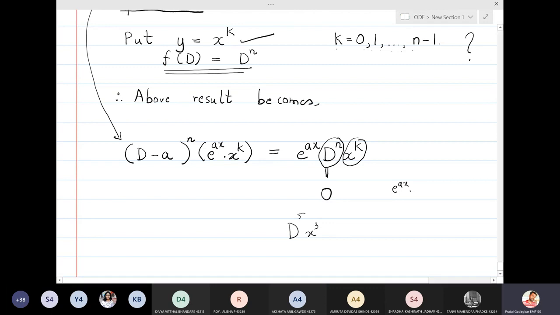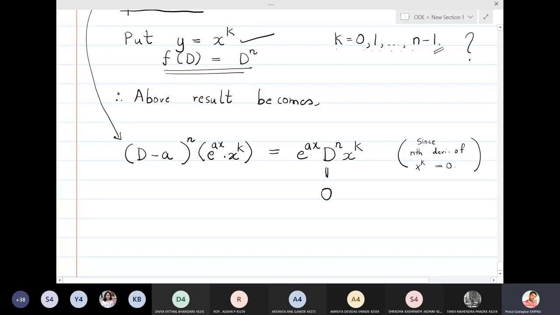So the higher derivative is 0, why? Because n is large, right? n is bigger, after k comes n. So how far can k go? At the most n minus 1. So if I take the derivative beyond that, what will happen? It will become 0. So the nth derivative of x raised to k will become 0, since the nth derivative of x raised to k is equal to 0.